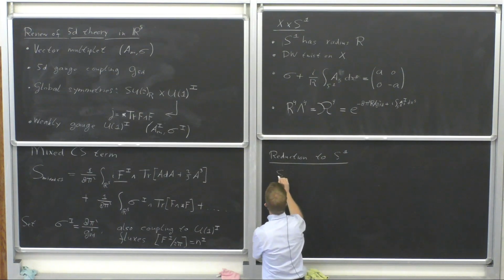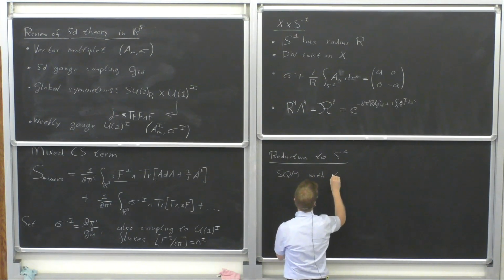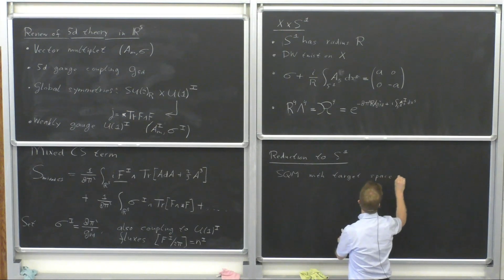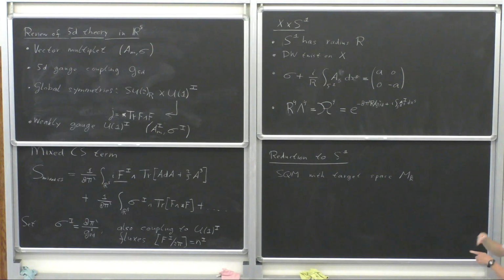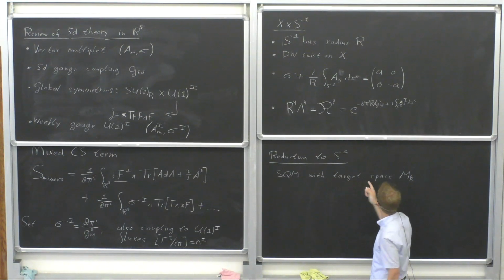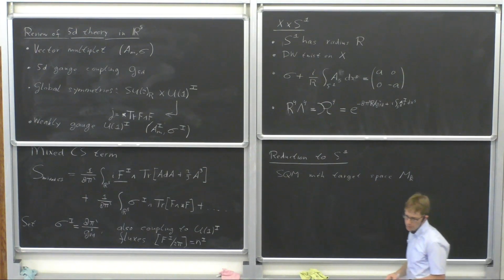We get a supersymmetric quantum mechanics with target space M_k. So you use the collective coordinates. You perturb around one of the BPS solutions of the theory, and so for every instanton number k, you get supersymmetric quantum mechanics.